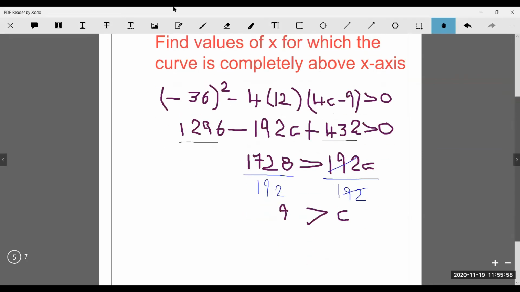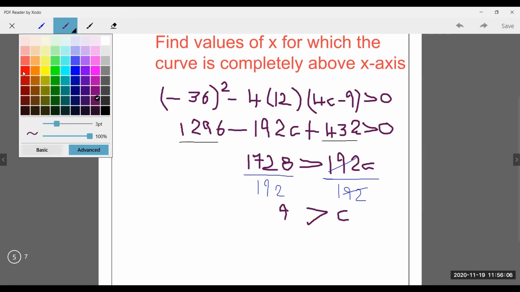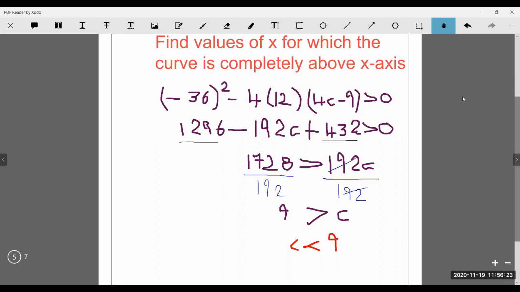The proper way most people write the solution is to put c first, so c is less than 9. That's the solution.